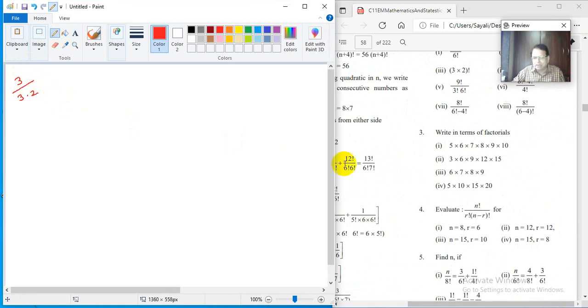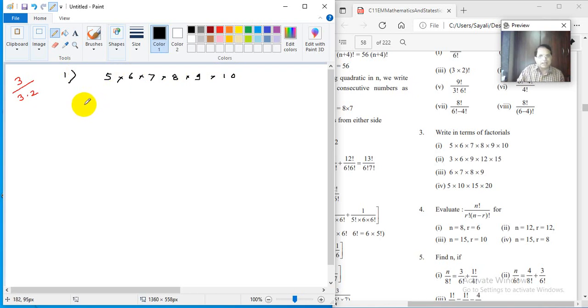And then let's do the first problem in it: write in terms of factorial, the first part. See what is given: 5 into 6 into 7 into 8 into 9 into 10. Now this is a product up to 10 but not from 1, so I cannot write this as 10 factorial.